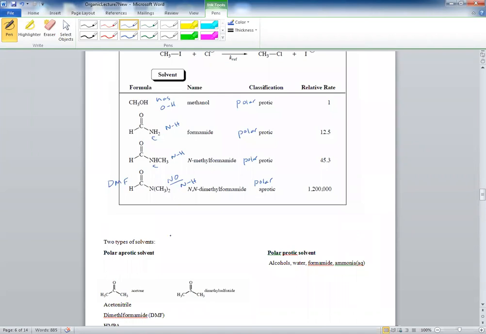So aprotic, in this case, there are no OH, NH, or HF bonds. Remember, those are, if you recall, those are hydrogen bonds. This would make, again, the SN2 reaction faster.